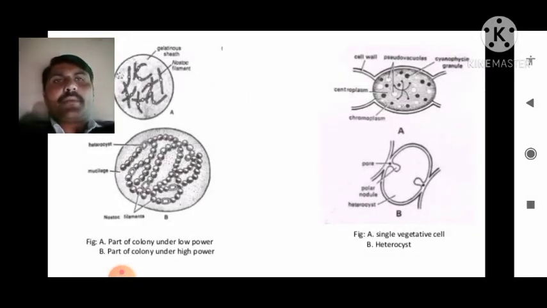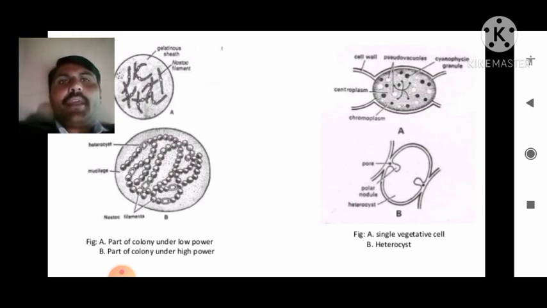Friends, you see the diagram in this slide. In the figure labeled A, you can see a colony of Nostoc with the gelatinous sheath, and the filaments are present in the colony. Thousands and many more filaments are present in the colony.